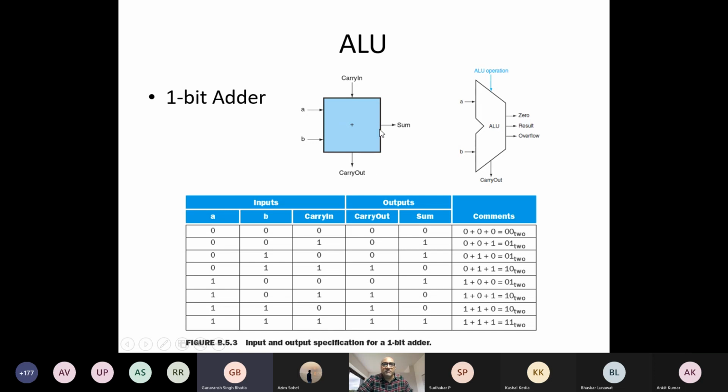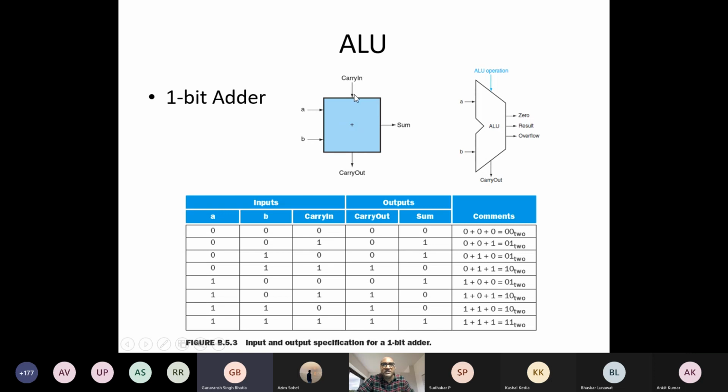So this is for just a 1-bit representation of addition. Here the carry in will be there. If it is just a 1-bit addition, the carry in need not be bothered.